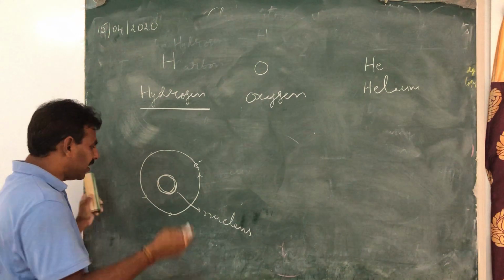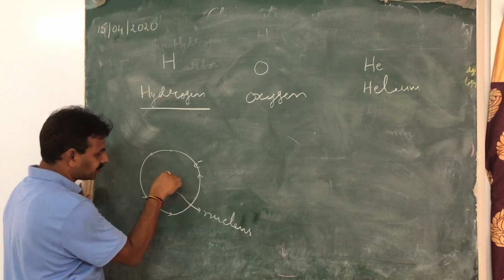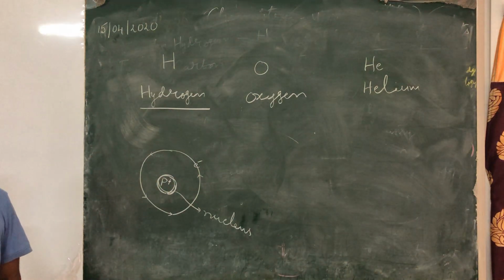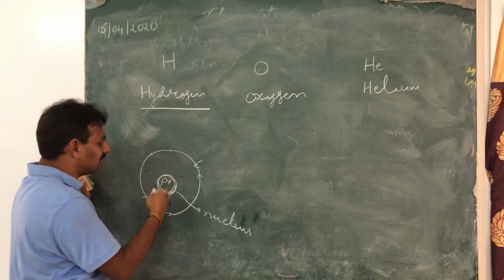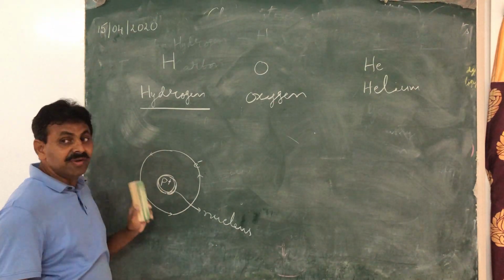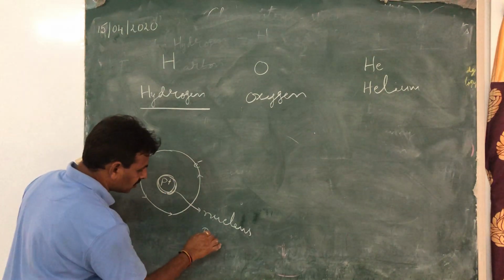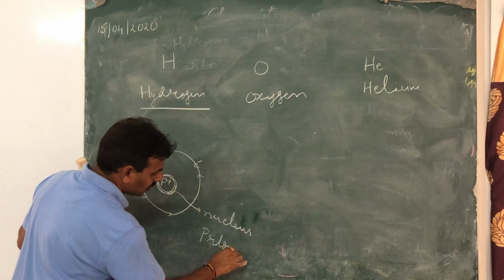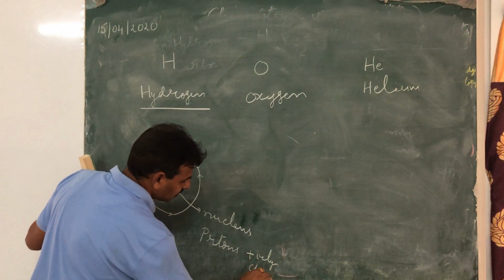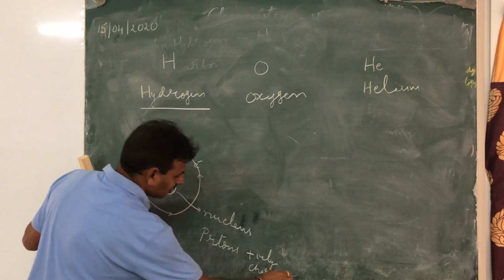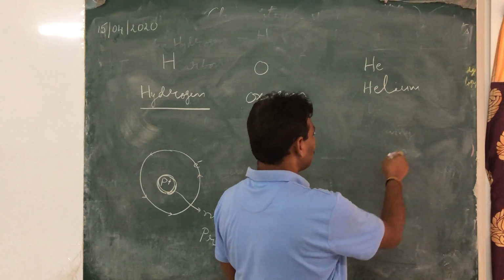I'll tell you now. In the nucleus you have positively charged protons, and neutral neutrons. I am coming to helium. It's a small element, so I am drawing helium.